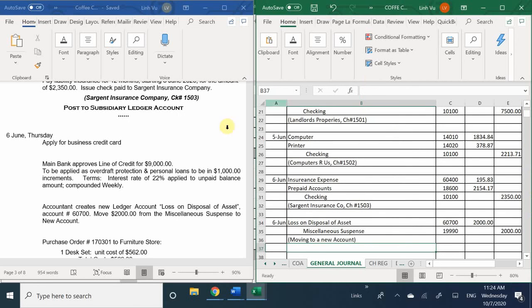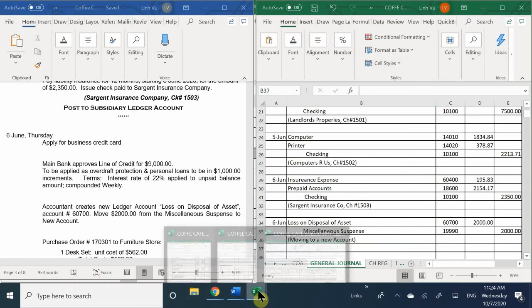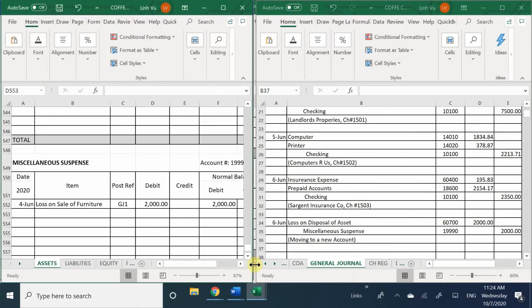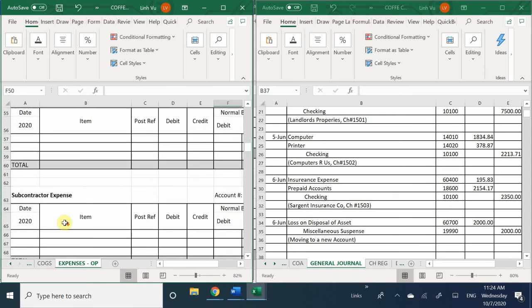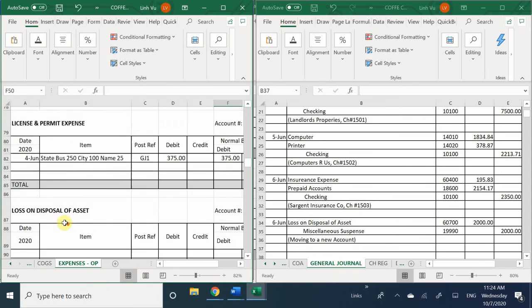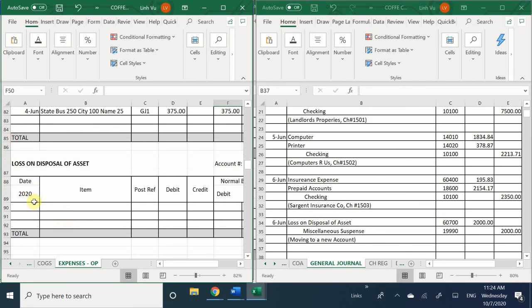So with that being said, now I finished my journal. Now I need to update my, not my subsidiary ledger, my general ledger. Okay, so in this case, we're going to start off with our expenses. We're going to find that loss on disposal of assets. Okay, perfect. Right here. Loss on disposal of assets.